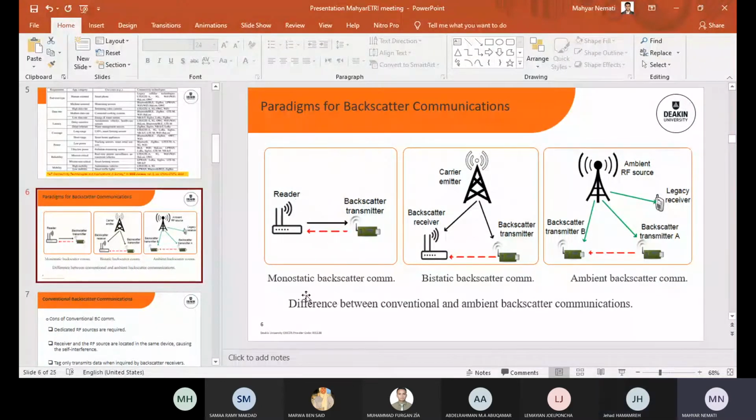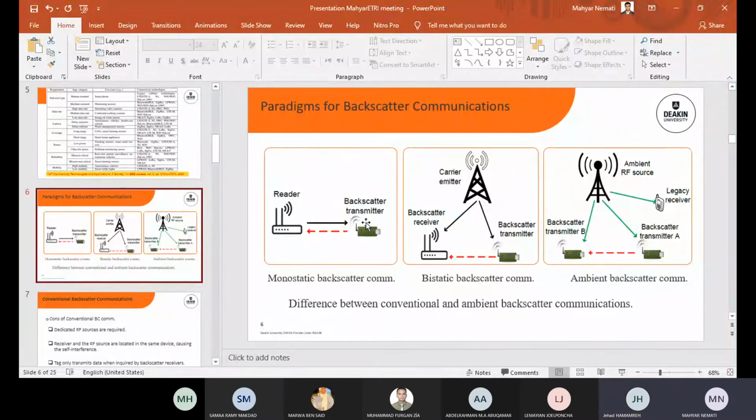It's called monostatic backscatter communication, the technical terminology. In those scenarios, we have one reader which has one transmitter and one receiver. The transmitter will send the interrogation signal towards one batteryless sensor. The key idea is that this sensor doesn't have any battery.